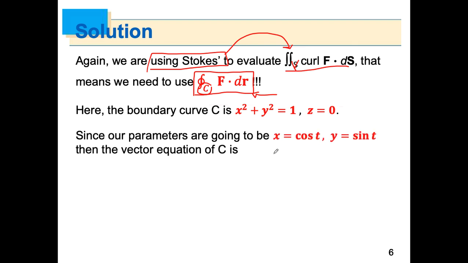Once again, since our parameters are x equals cosine t and y equals sine t, the vector equation of C is simply cosine t i plus sine t j. Don't forget that the first term is my x term, and the second term, with the j, is where y goes.